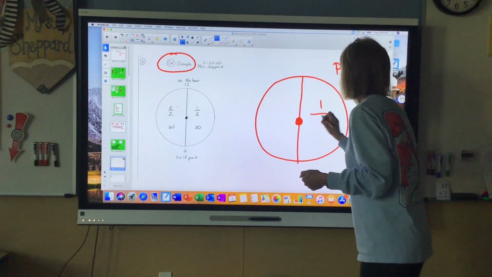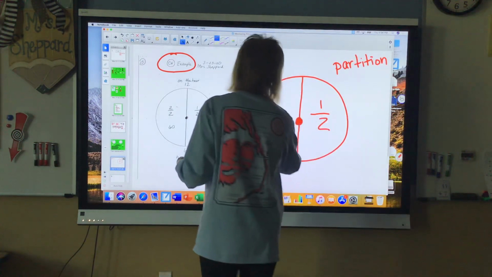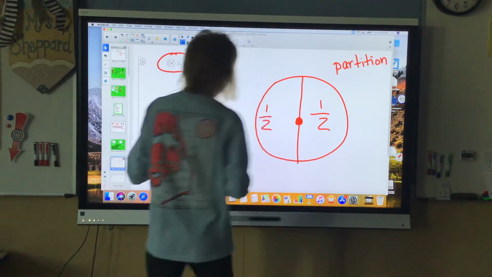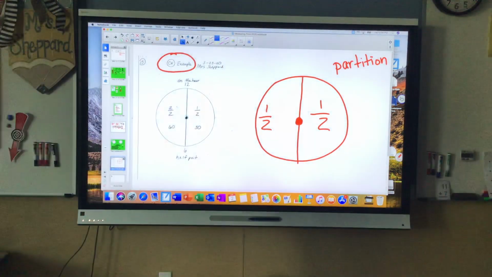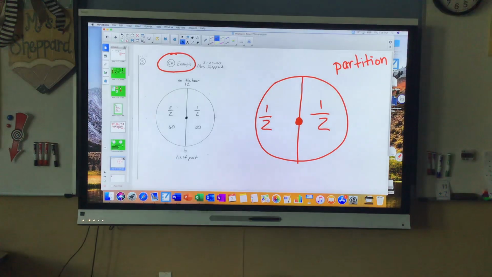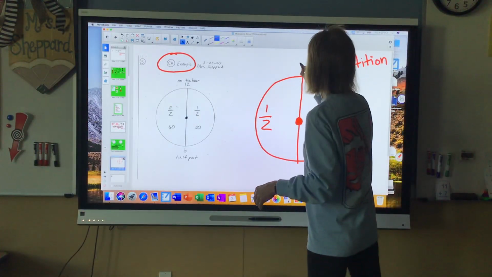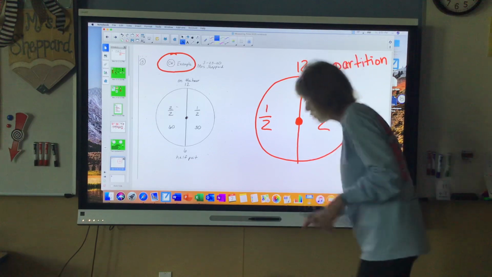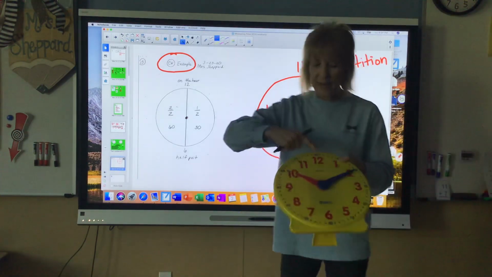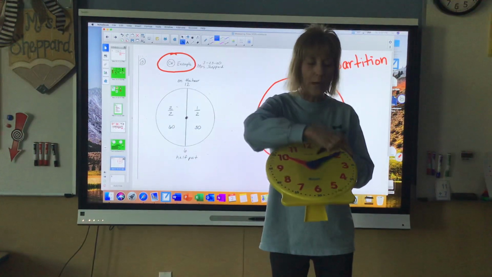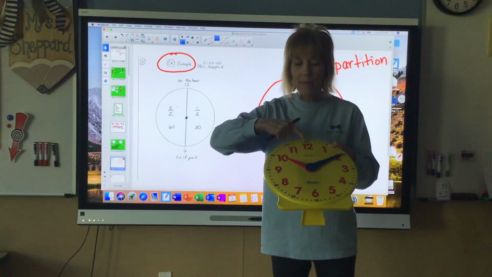And I know this would be 1/2, and I know this would be 1/2. When my circle is broken into 2 equal pieces, one piece is 1/2, the other piece is 1/2. Now, if this was a clock, this would be my 12, which I know is right up here, my starting point when I'm helping figure out my minutes.